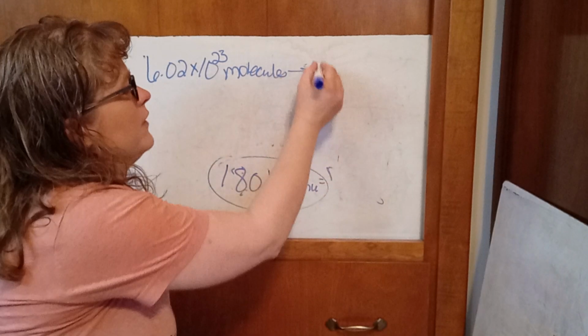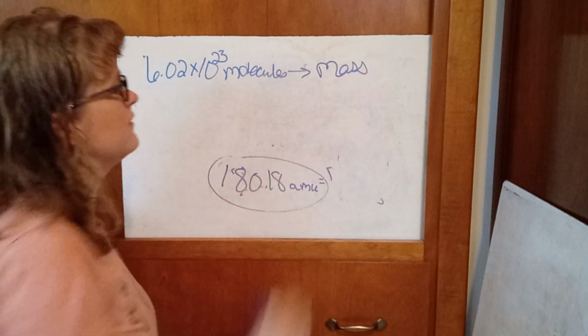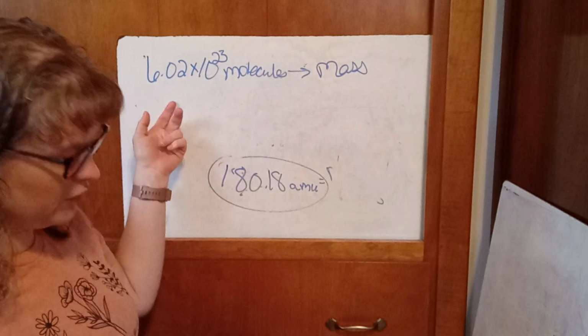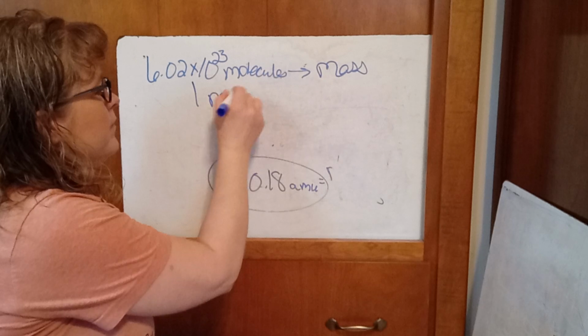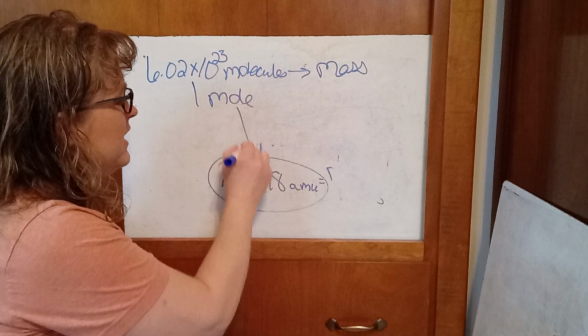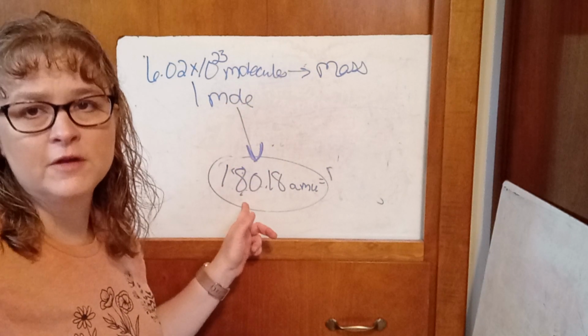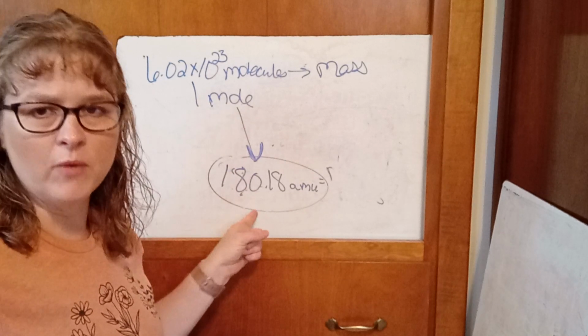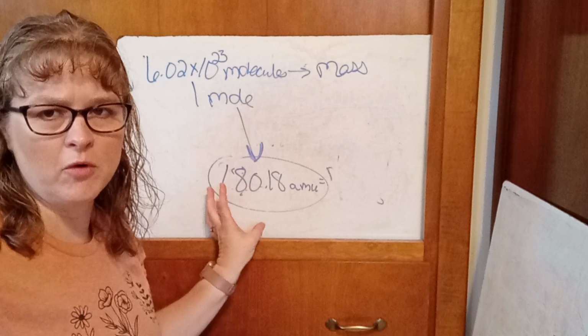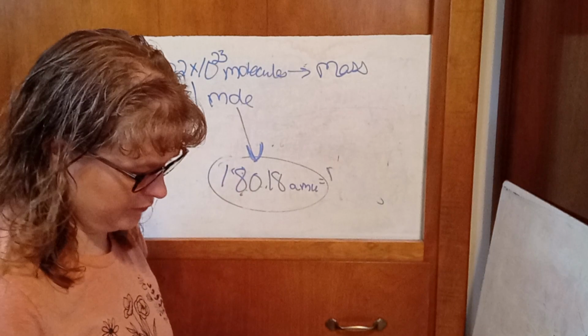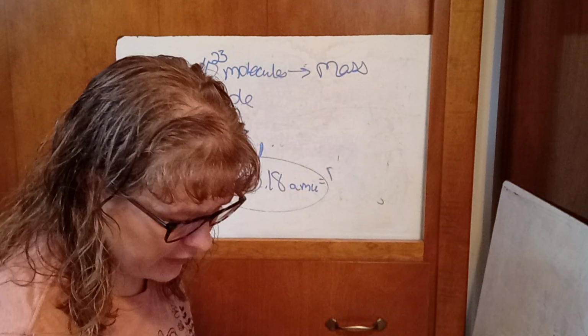Oh, this is kind of a silly question. I realize what it's asking. So 6.02 times 10 to the 23rd molecules is 1 mole, right? That means that is the same answer. 1 mole is going to be what you get off of adding them up off the periodic table. That is 1 mole.